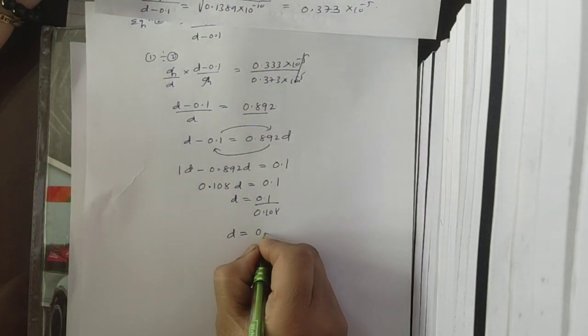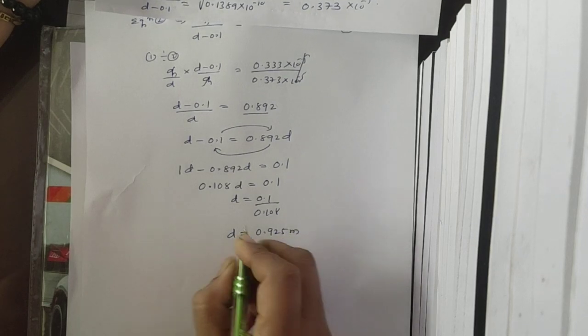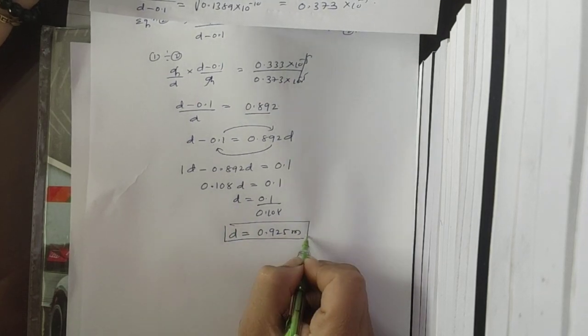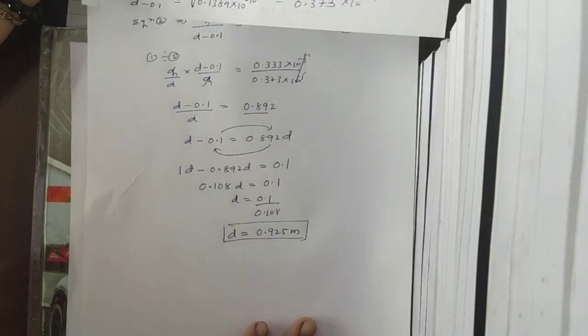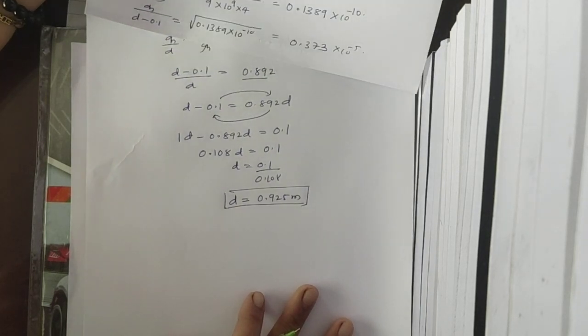D equals 0.925 meter. This is the initial separation. Now we will find the charges.